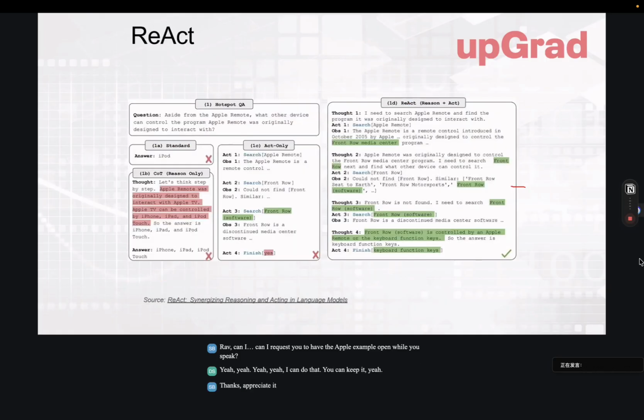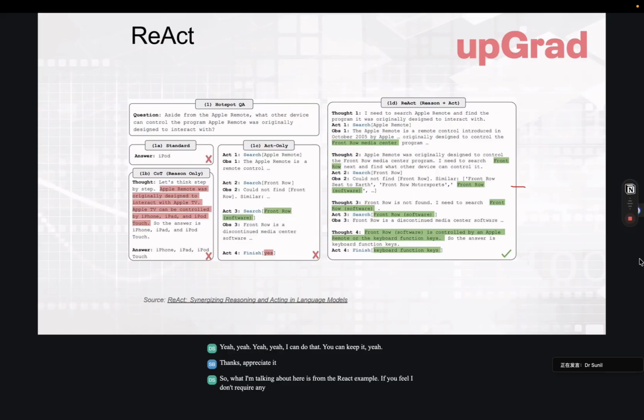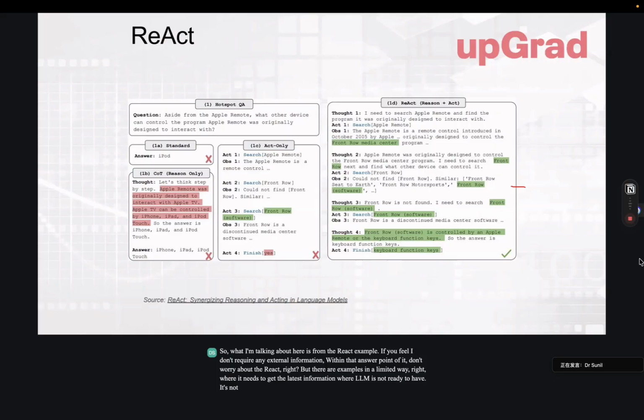Yeah. Thanks. So what I'm talking about here is from the ReAct example. If you feel I don't require any external information within that answer, don't worry about ReAct, right? But there are examples, in a limited way, where it needs to get the latest information that the LLM is not ready to have. It's not proprietary information at all.